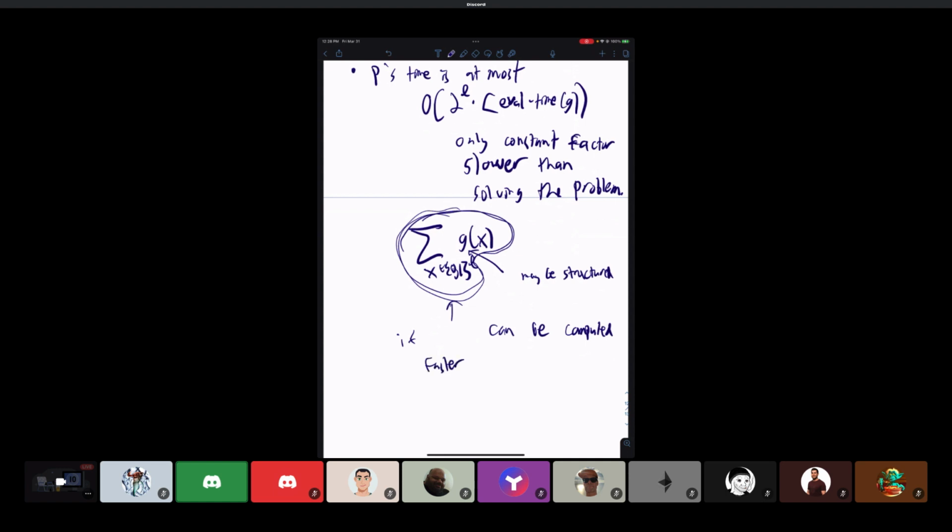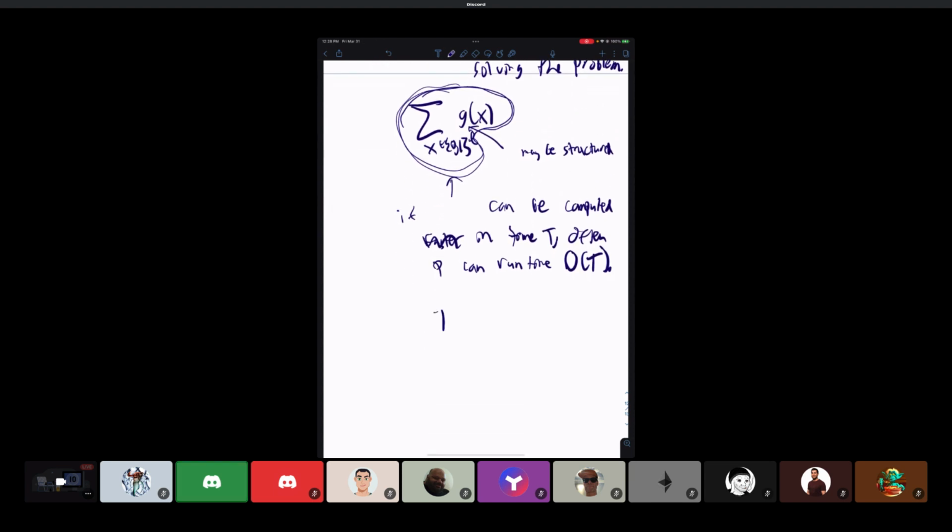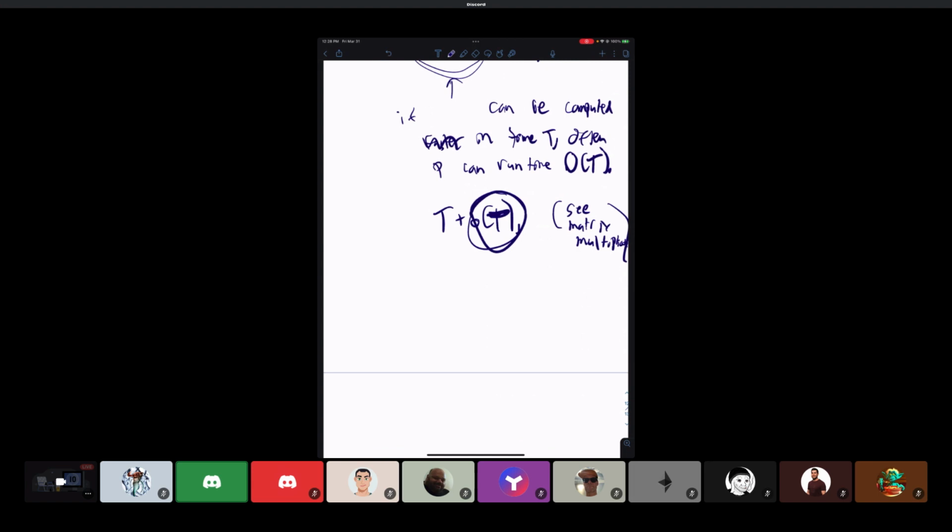So if the true answer can be computed in time t, often P can still run in time order t, and sometimes even faster than that, sometimes t plus little o of t. And we'll talk a little bit about matrix multiplication and what I call super efficient interactive proofs, where the prover just solves the problem and then does a low order amount of extra work to prove it's correct.